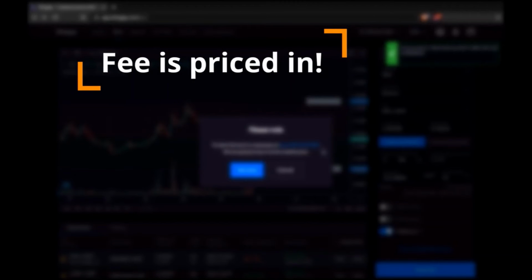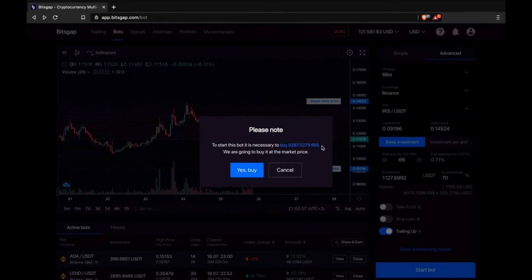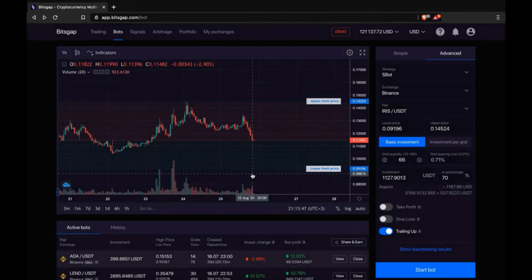And that is because of the exchange fees we have to pay for each order. So the amount of fees we must pay is already priced in this amount. Click on Yes, Buy to activate the strategy.